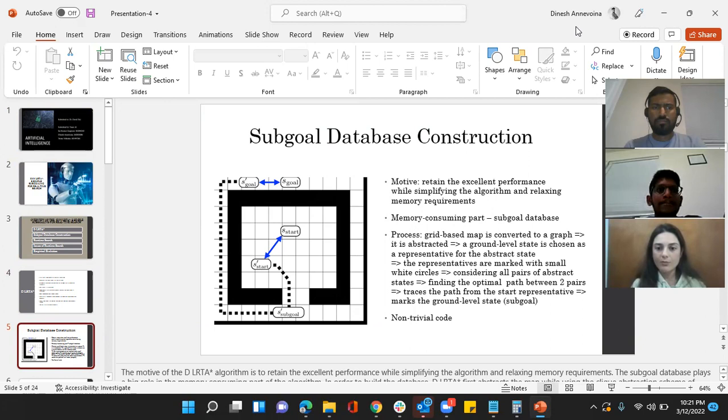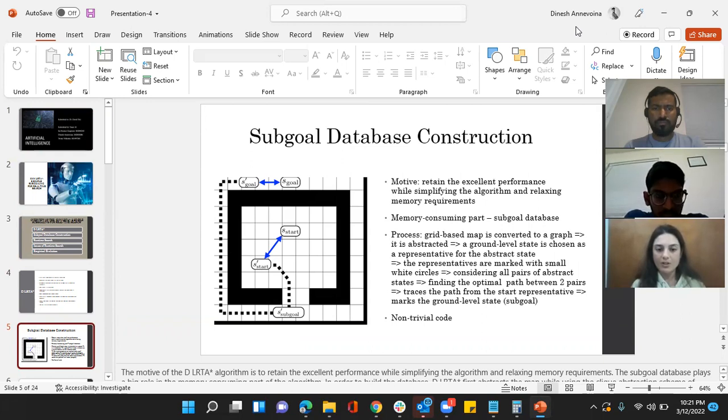The algorithm works in a process where a grid-based map is converted to a graph, which is then abstracted so that every clique of the original states becomes a single abstract state. Then a ground-level state is chosen as a representative for the abstract state. In the end, the representatives are marked with small white circles.